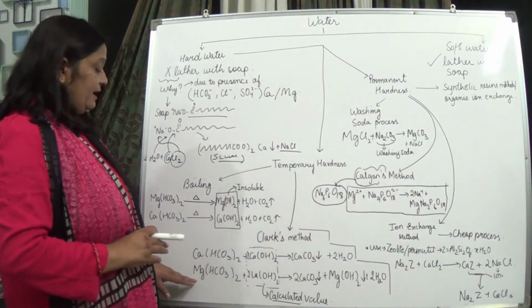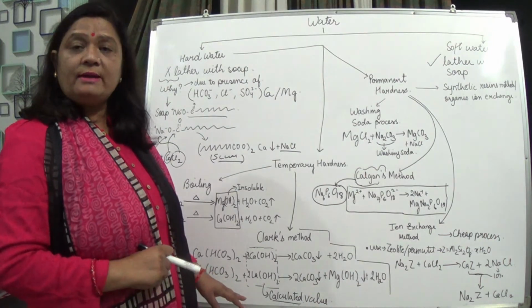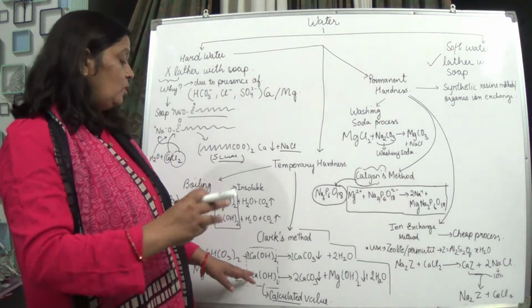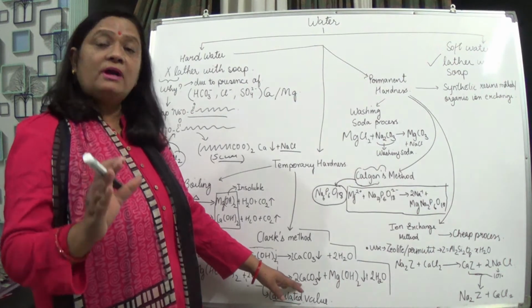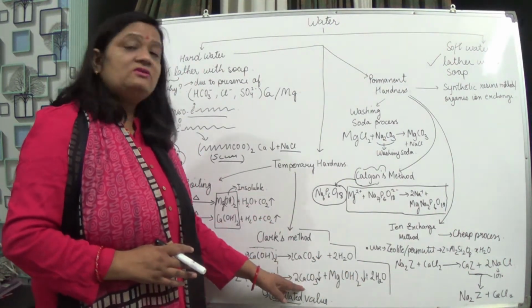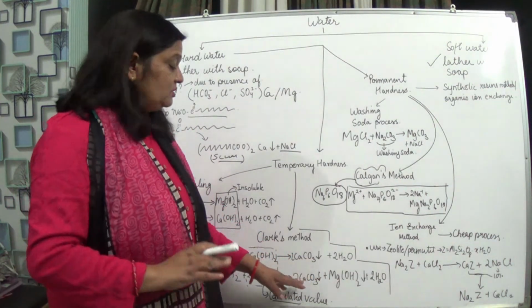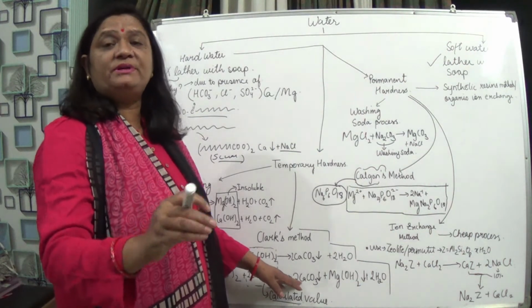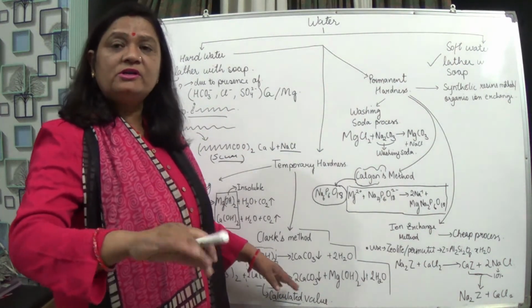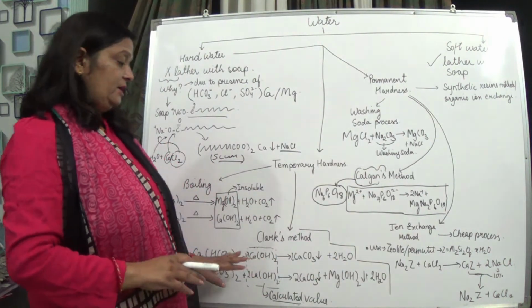In magnesium hydrogen carbonate, when it reacts with the calculated amount of lime, that is calcium hydroxide, it gives calcium carbonate, magnesium hydroxide and water. Both are insoluble and in the form of precipitate, so they can be filtered and removed, and we get soft water, that is H2O.